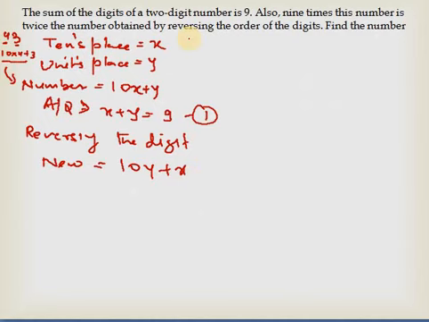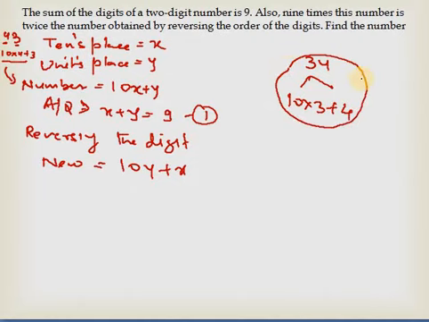See, again if you want to take an example like 34, so 10 into 3 and 4. So see what we did. We just swapped the number, like changed 3 and 4, and the tens place digit and unit place digit got interchanged.